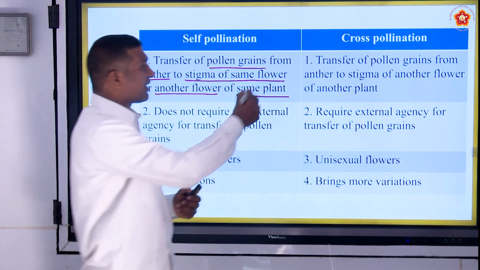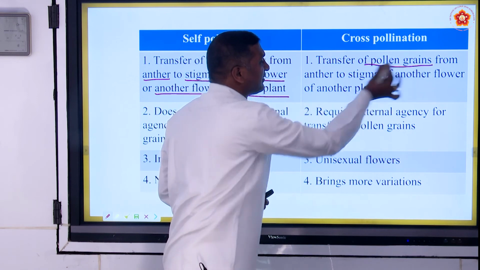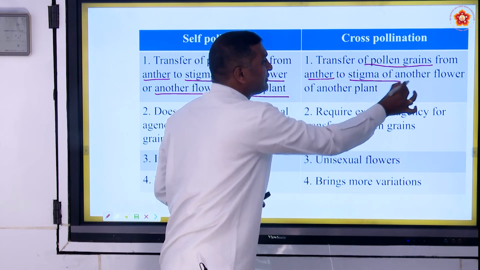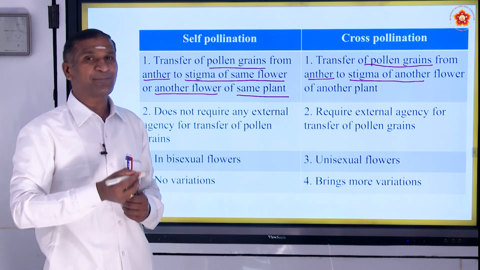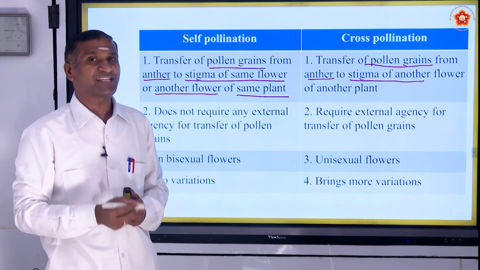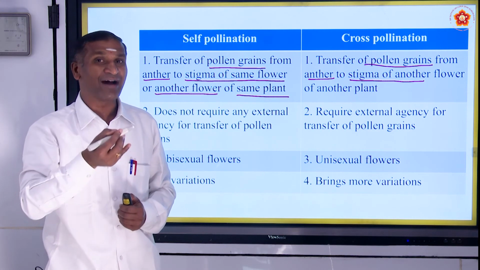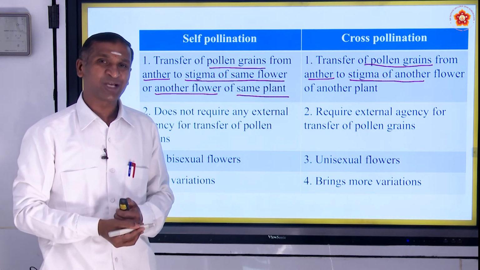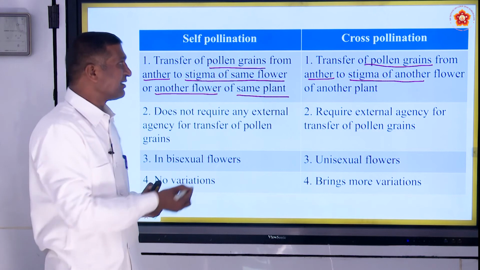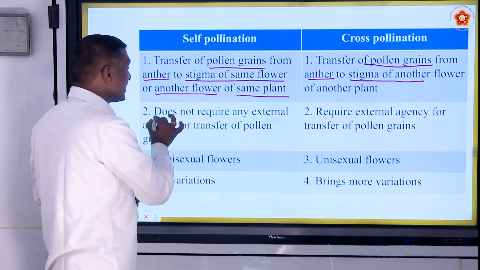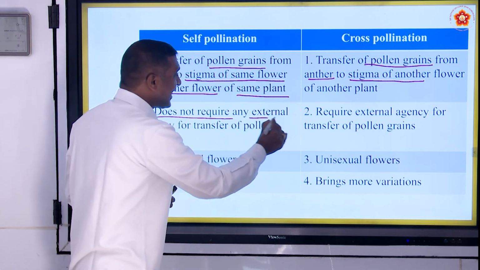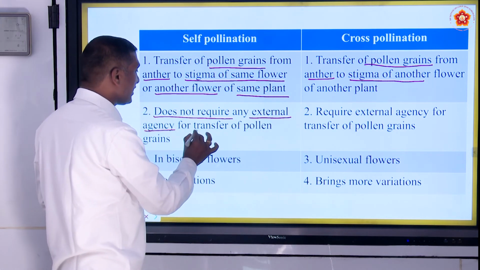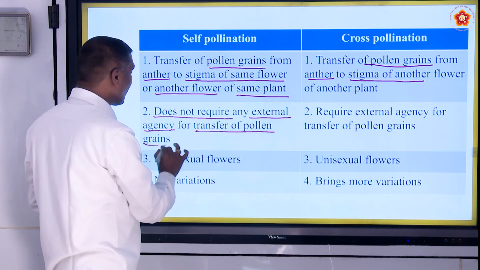Whereas the transfer of pollen grains from anther to stigma of another flower of another plant, not of the same plant, is cross-pollination. Self-pollination does not require any external agency for the transfer of pollen grains.